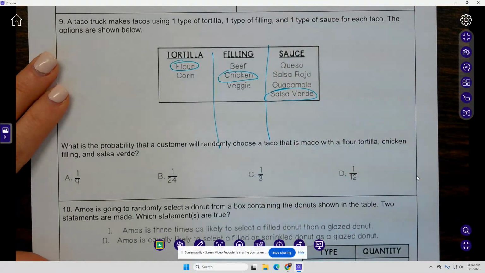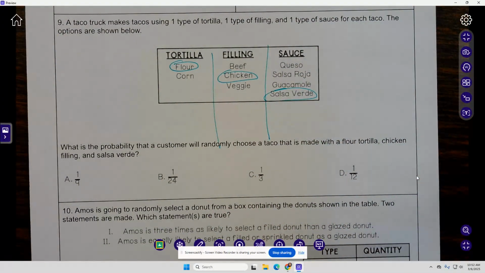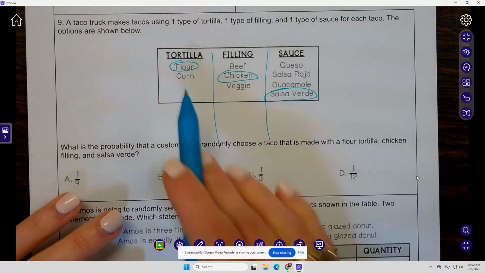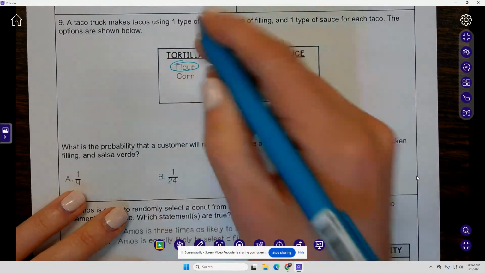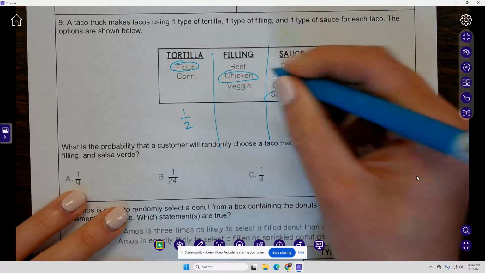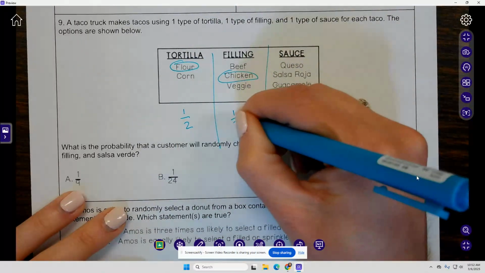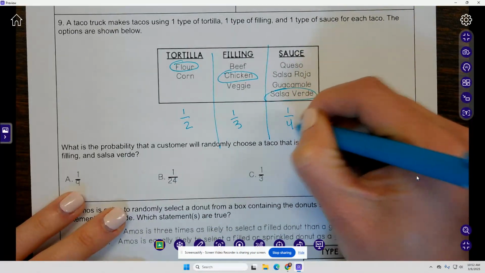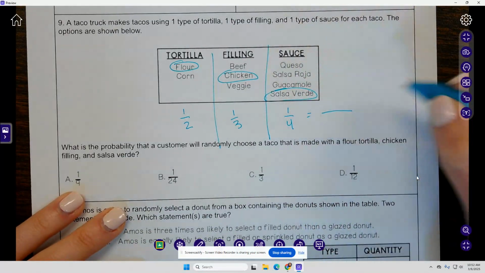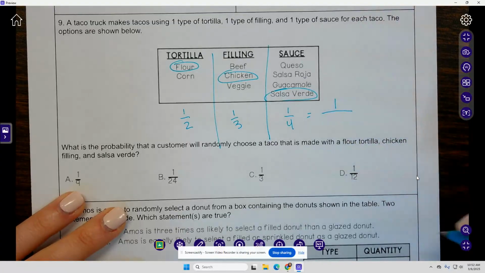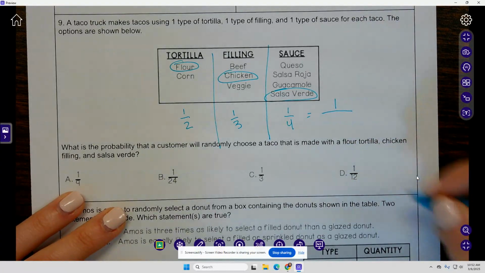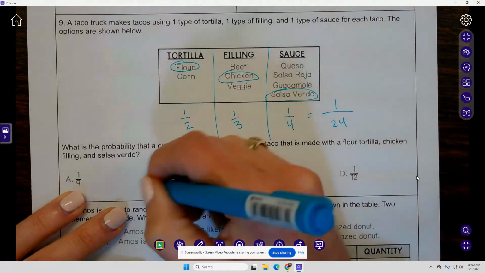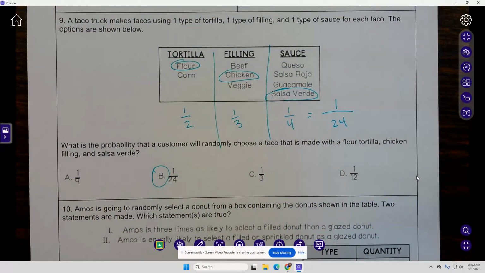So I'm going to create my fraction, my ratio. So choosing the tortilla is 1 out of 2. Choosing the chicken is 1 out of 3. And choosing the salsa verde is 1 out of 4. I can multiply across. 1 times 1 times 1 is 1. 2 times 3 is 6. 6 times 4 is 24. So my answer is B.